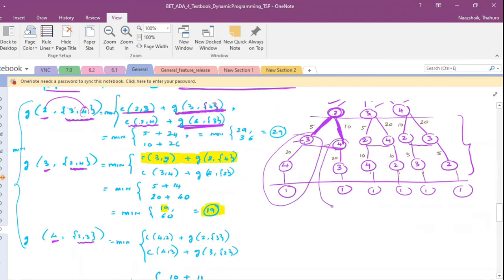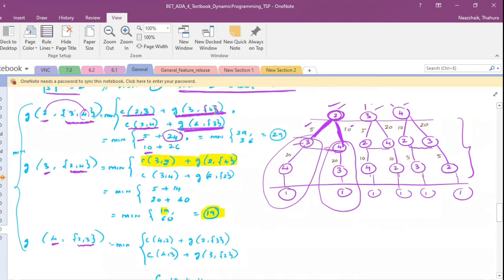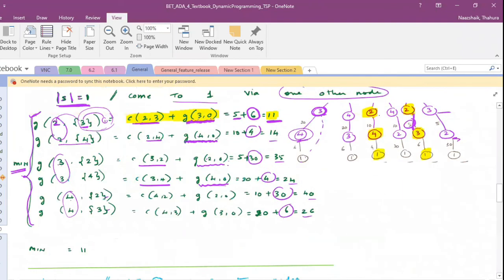But from here, use the previous formula. So 2 to 4 is a direct edge. From here, from 4 in bracket 3 is your previous formula. So this again, these are direct edges cost, you know, this also, you know, 10. This one, we will look up. This you have already solved. G of 3, comma 4, you have already solved, right? The value of this was 24.